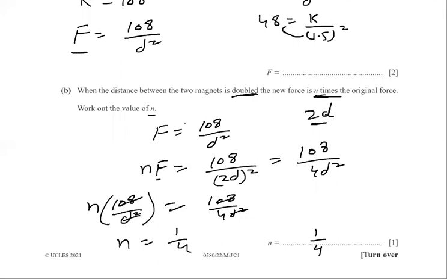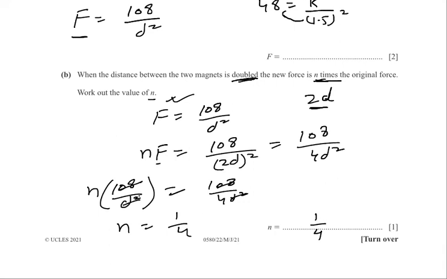That's simple. When we double the distance, meaning d changes to 2d, then the force becomes nF, so if you put 2d in place of d, then this value of F we replace here and solve for n. That gives the value of n.